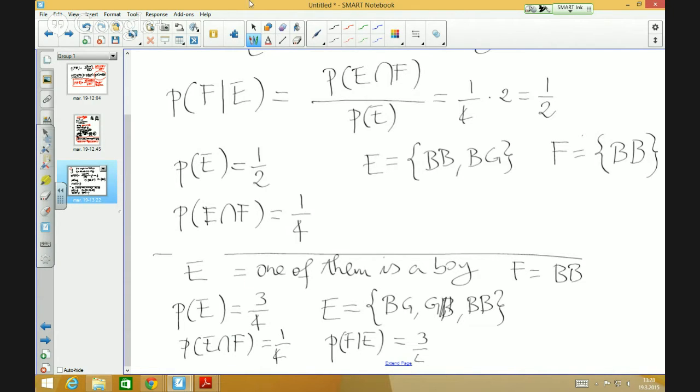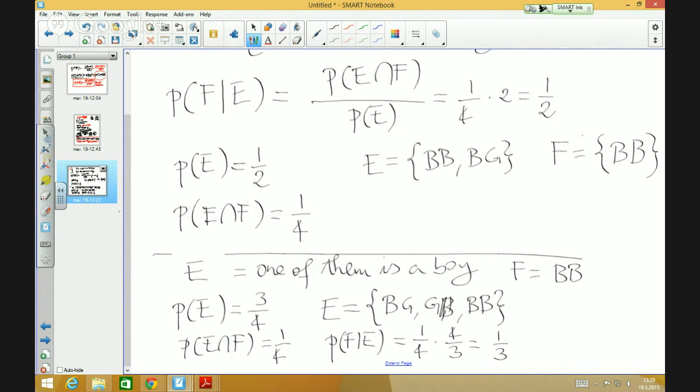It's the probability of the intersection, which is 1/4, divided by 3/4. So it's 1/3. It's not a half, it's 1/3.